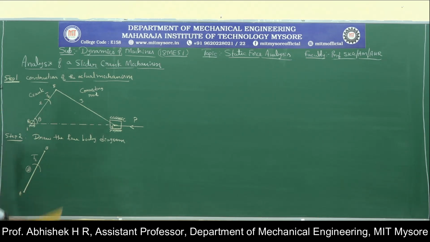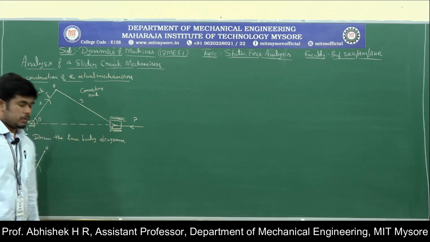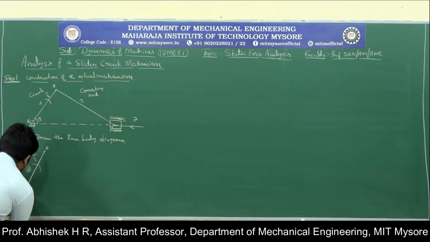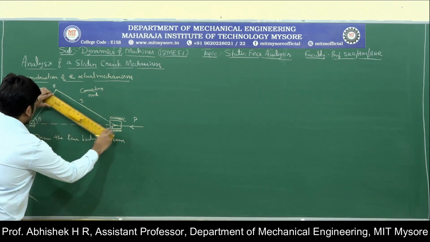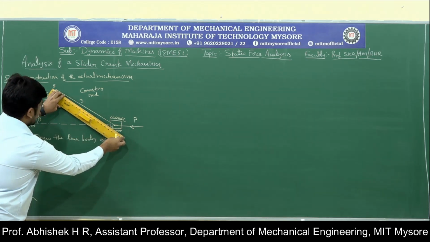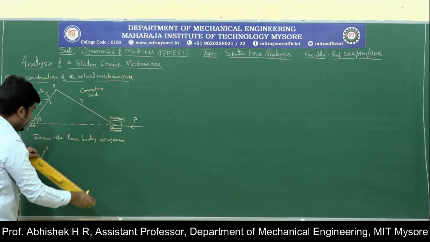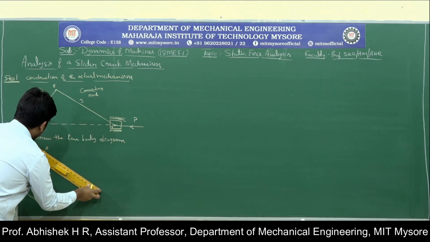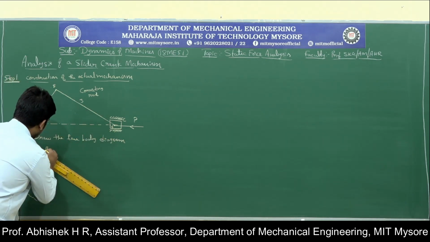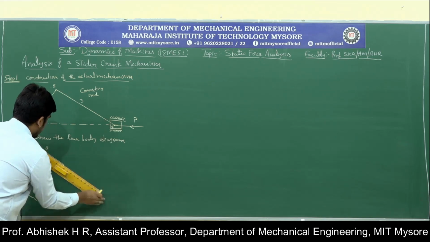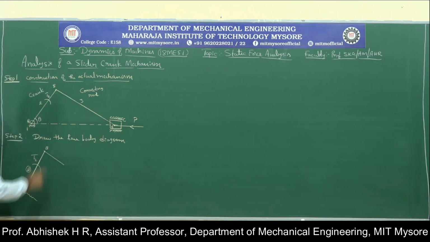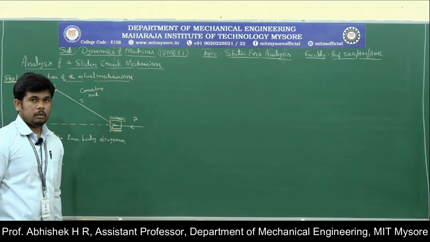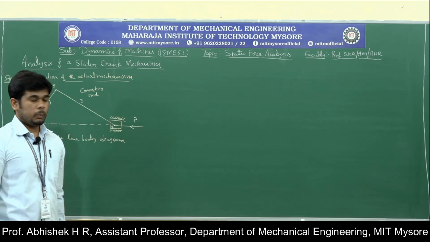You have to mention the force also. So this is the fixed link, and here link 2 is connected with link 3, parallel to link BC. I have just shown the connection to link 2.